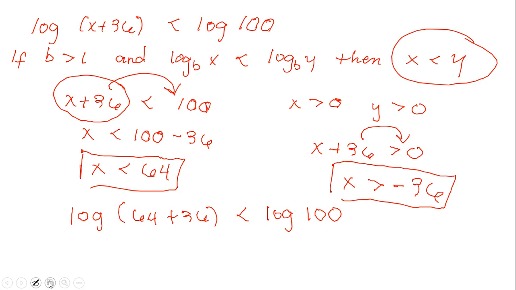No, it's not 64 because hindi siya included. 63, I do apologize. Okay, let's use 63. So, logarithm of 63 plus 36. So, that will be 99. So, less than siya kay logarithm of 100.